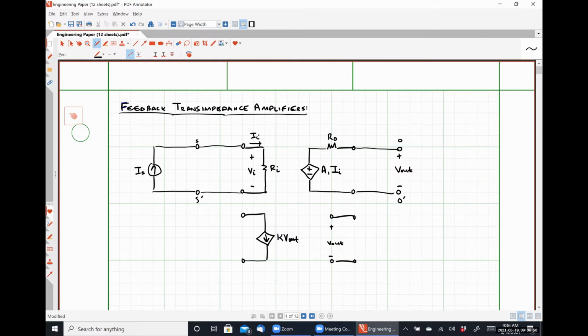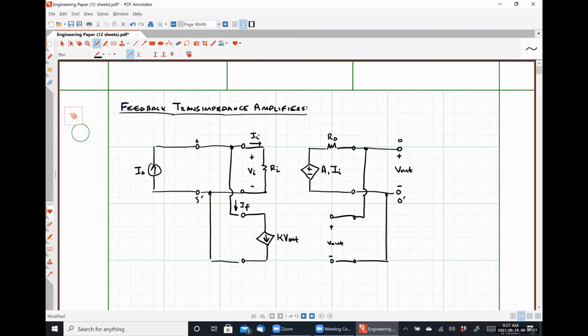So now we'll go ahead and connect our feedback. And recall that we are supposed to be having a parallel connection. So I am connecting everything in parallel. Where this current right here is our feedback current IF.